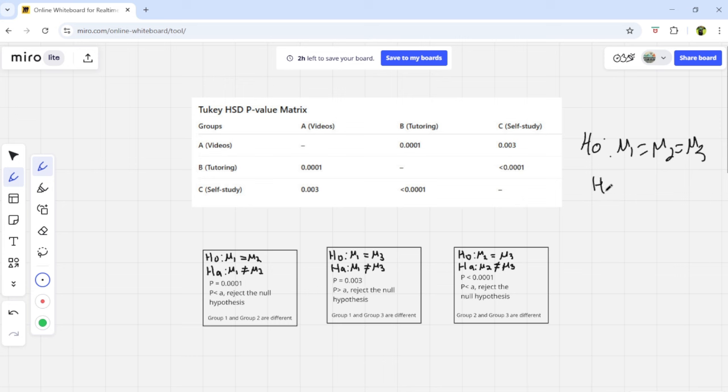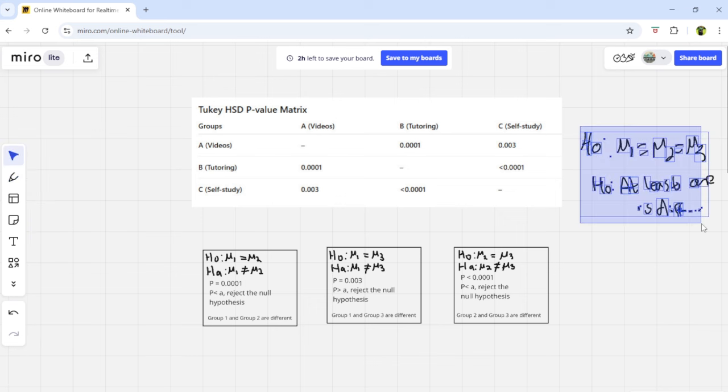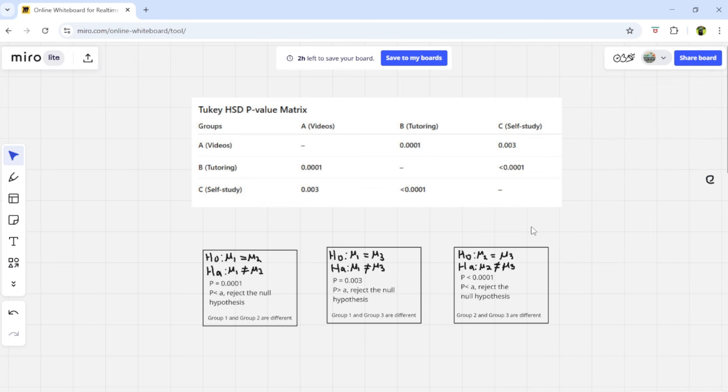But for the alternative hypothesis, we said at least one is different. Now, when it comes to Tukey's groupwise comparison test or Tukey's HSD test, we're testing which groups are actually different, because we just said at least one is different, but we don't know which one is different. So now here, we test which one is actually different.